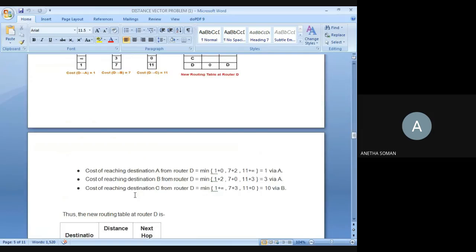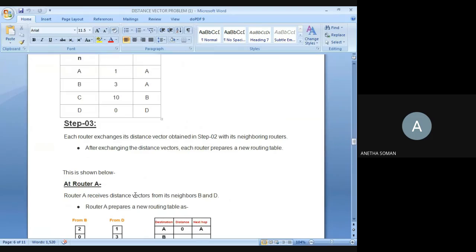So up to here we have finished up to the last class. Now what you have to do is proceed further until you reach the minimum cost. So you have to see whether you are getting the minimum cost from each node. Until then you have to do the updation process.